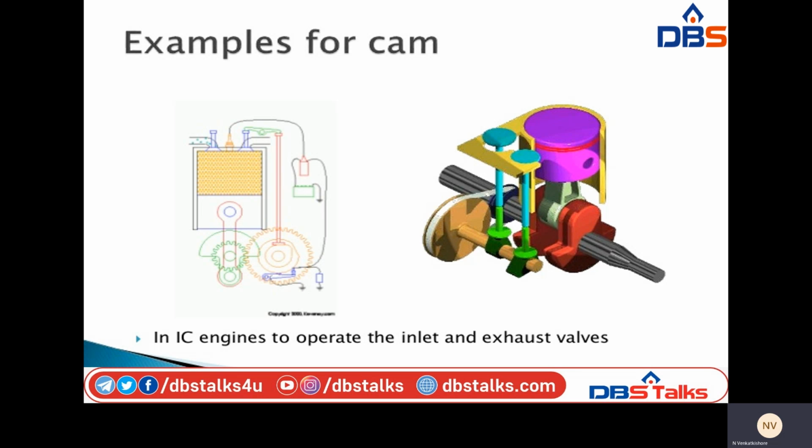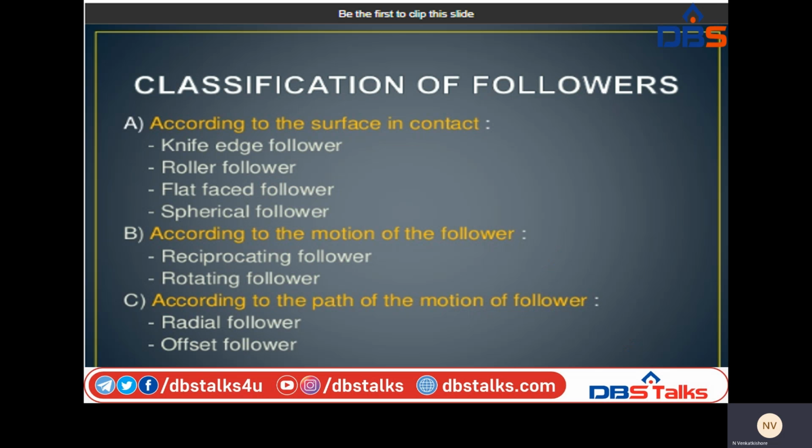Cams are usually rotating at uniform speed, but the follower motion is predetermined and depends on the shape of the cam. So the cam has a uniform rotary motion, but the follower motion is predefined: how much speed or motion the follower has is determined according to the shape of the cam.